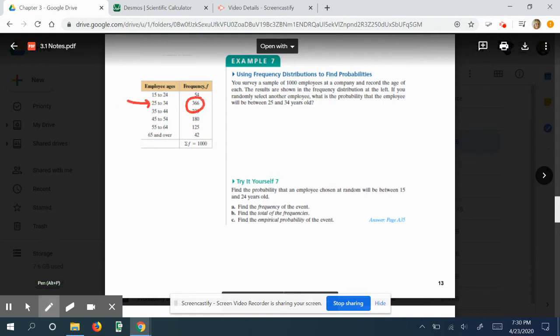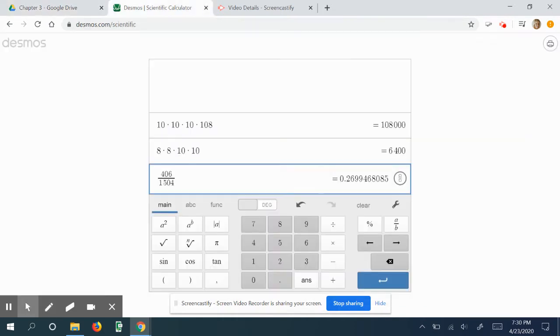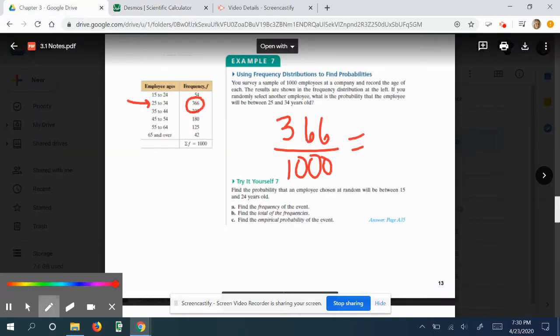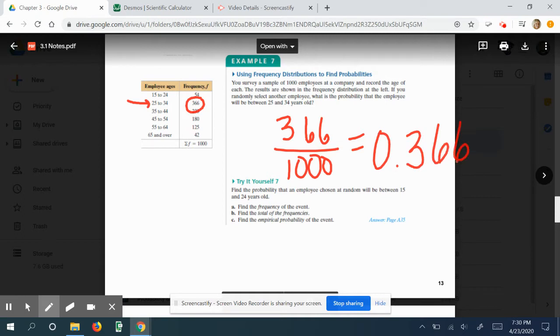And so that would be 366 divided by the total number, which is 1,000. And so we can easily, on a calculator, figure out that 366 divided by 1,000 is 0.366. All right, there we are.